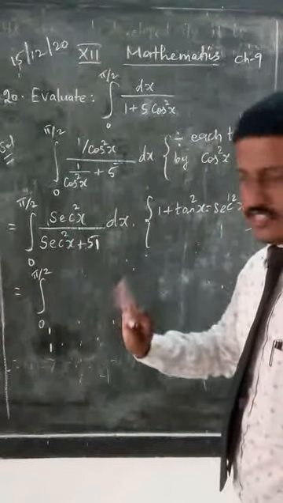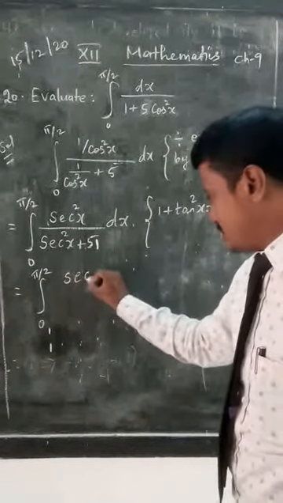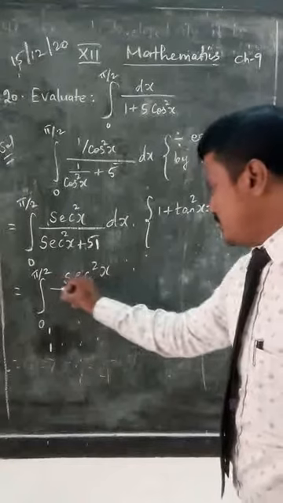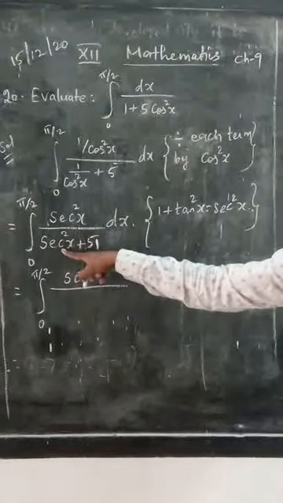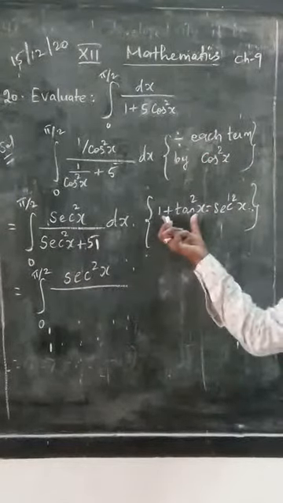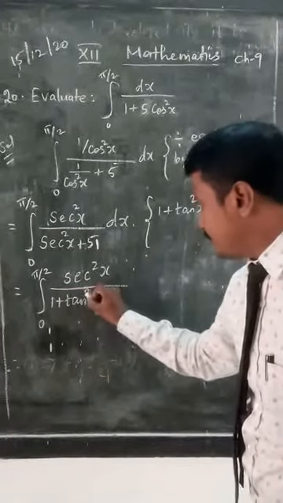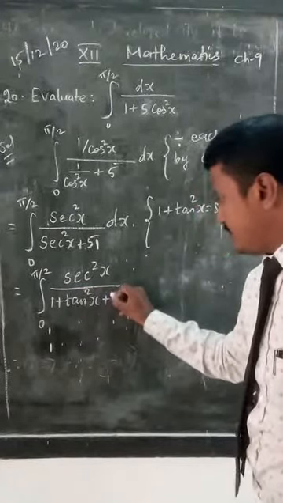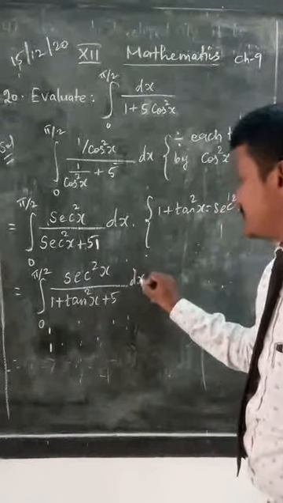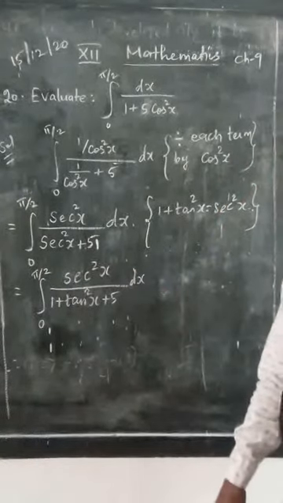This I am not going to change. That will remain as secant square x. Only in the denominator, in place of writing secant square x, I am going to use this result. So 1 plus tan square x plus 5 into dx. Are you able to understand this?